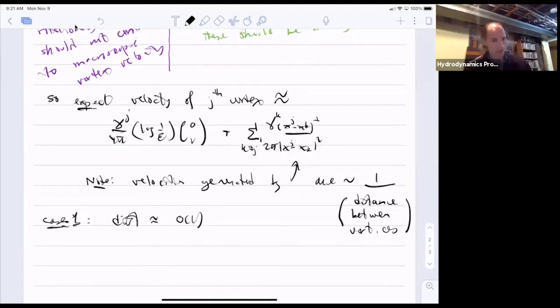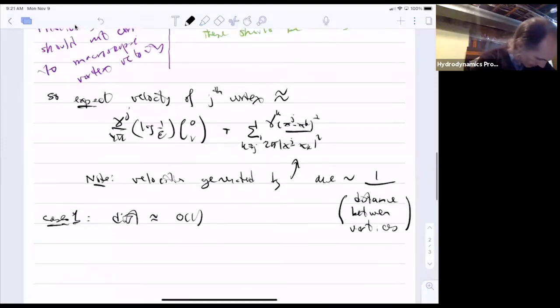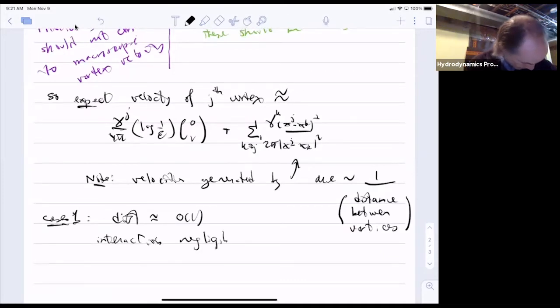And so essentially the interaction is negligible. And what you expect to see is that each vortex moves with its own velocity, gamma over 4 pi log 1 over epsilon, and they really don't interact. And so this is a theorem.